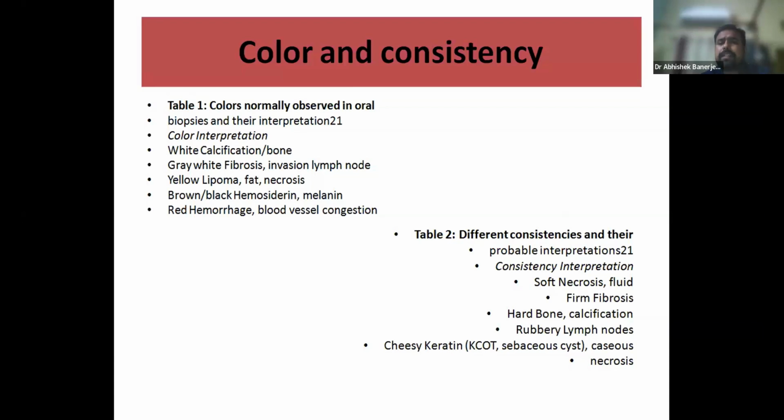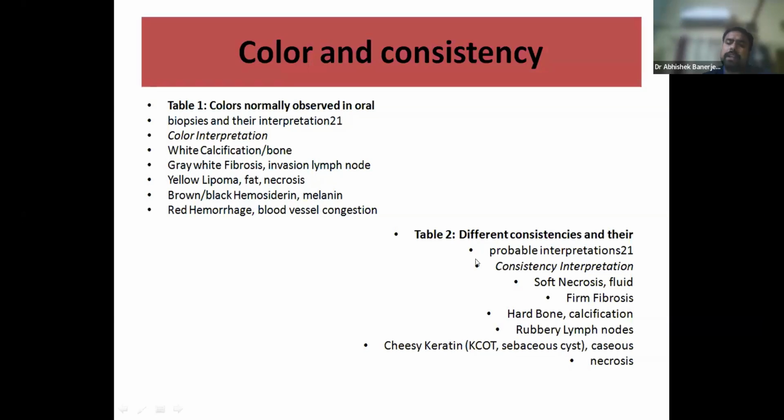Now consistency and color are very important. For color interpretation: white with calcification and bone, gray-white with fibrosis and invasion of the lymph node, yellow with lipoma and fat necrosis, brown with melanin, red with hemorrhage and vessel congestion.